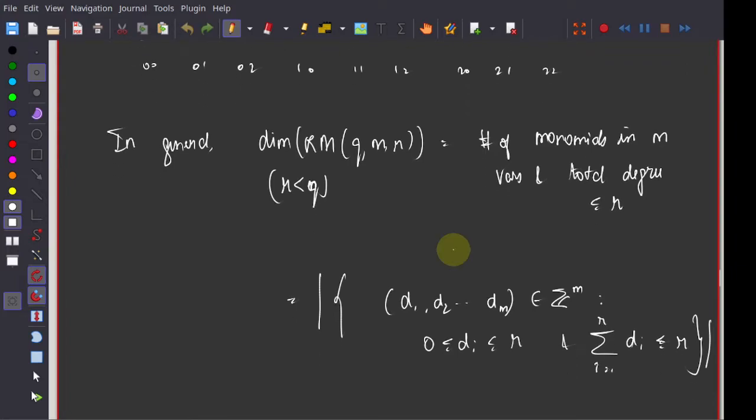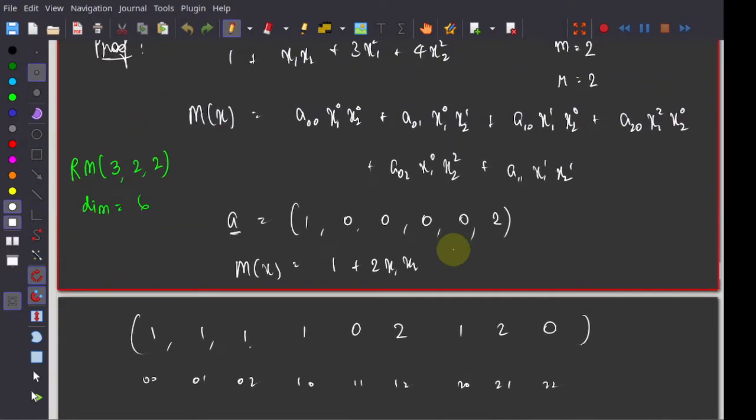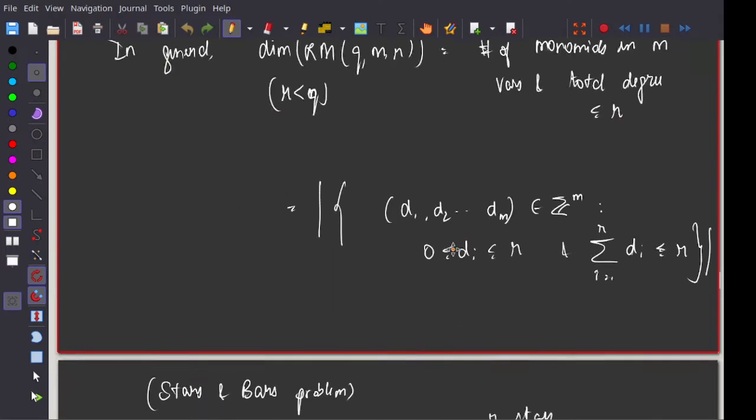And we are trying to obtain bounds on the minimum distance and the dimension of a general Reed-Muller code.